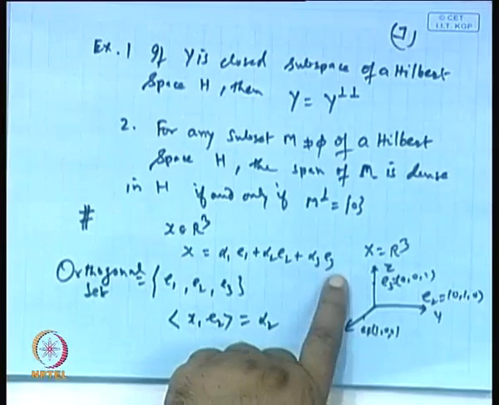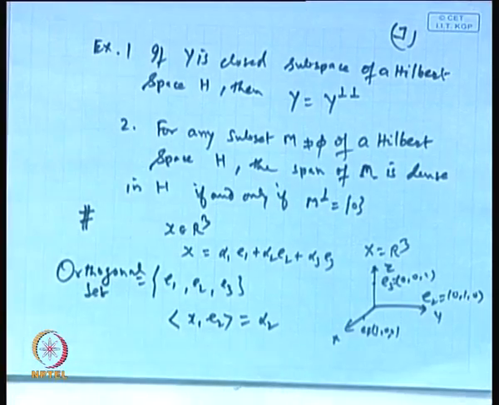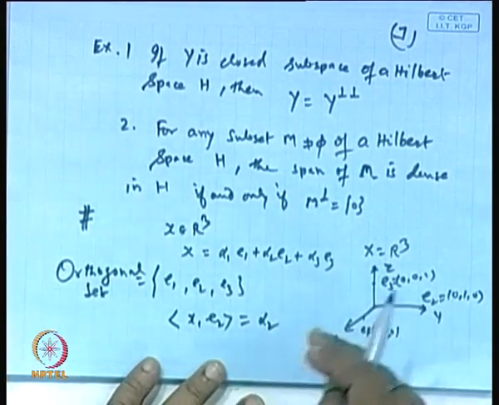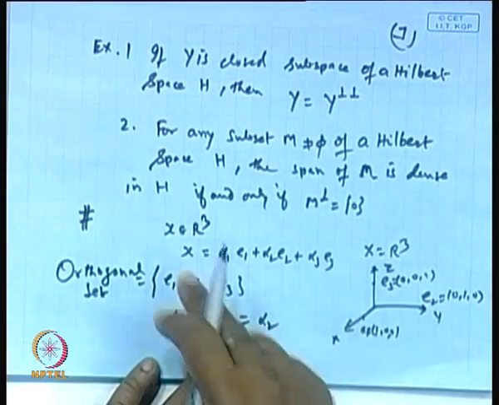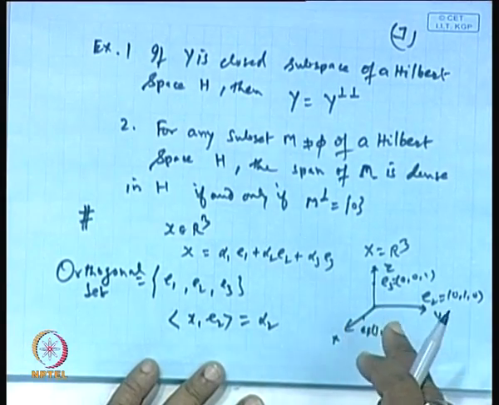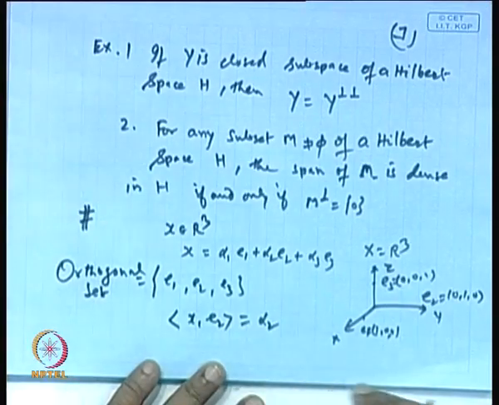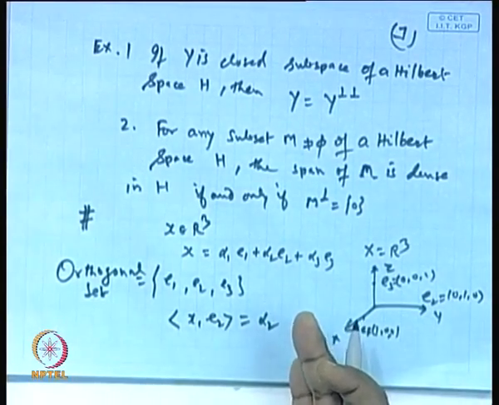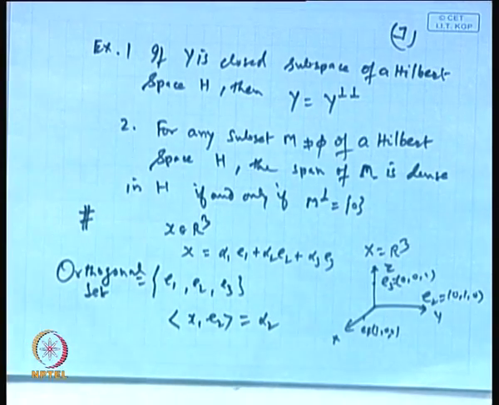Another advantage: suppose I wanted to introduce one more, say alpha 4 for E 4, and I wanted to get this linear combination of E 1, E 2, E 3, E 4 for any element. I require only one extra constant alpha 4, and that will be simpler if I deal with a set of orthogonal elements.